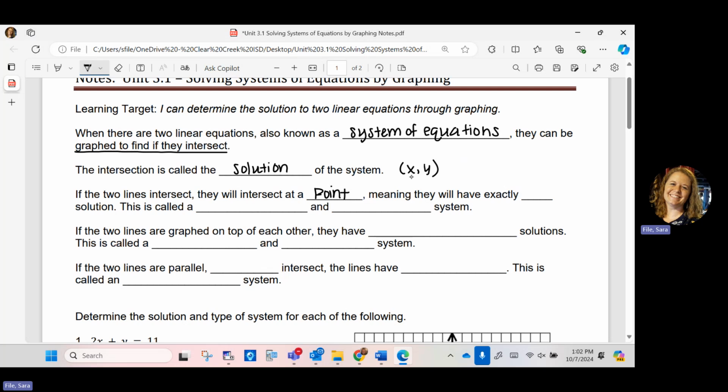Your solution is a point, and so it's going to be written as a coordinate point, as an ordered pair. Now, if the lines do intersect at a point, they'll meet at a certain point, that means that they have exactly one solution. There is one point where they intersect.